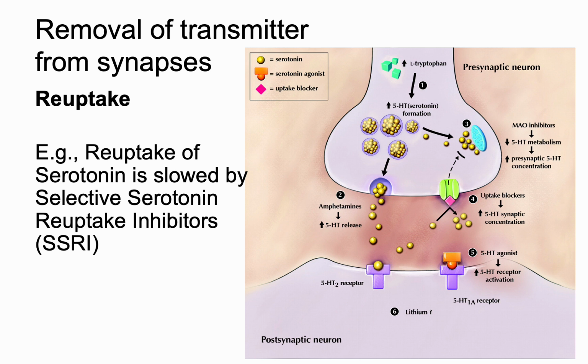Now, this is an example of a specific reuptake transporter for serotonin and a class of drugs that are used to target this molecule. Selective serotonin reuptake inhibitors, SSRIs, which we've mentioned in class before.